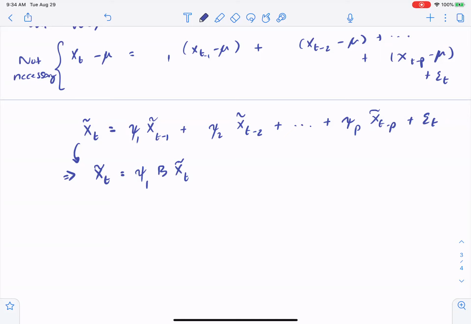Next. The next term. Would it be plus psi 2 B squared xt tilde? Very good. And dot, dot, dot, all the way B raised to p x tilde t plus epsilon t.